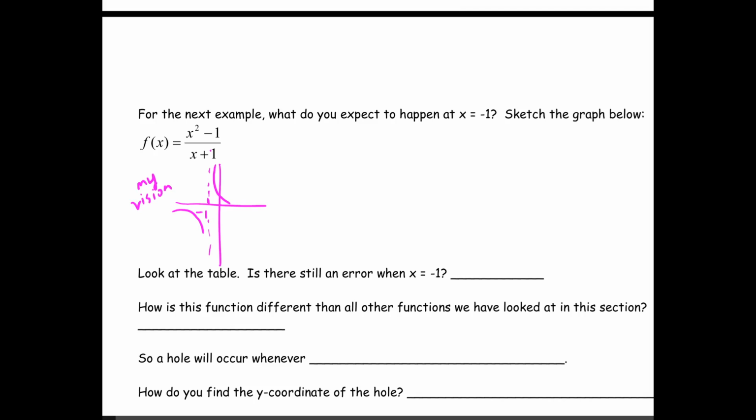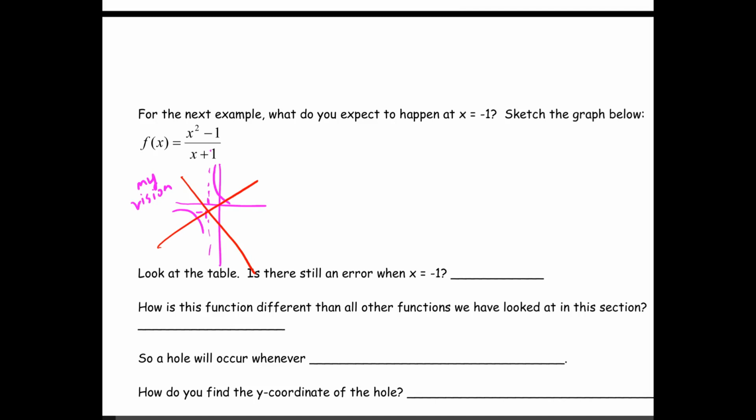So if I go to y equals and I do x squared minus 1 over x plus 1, and I graph it, I find that my vision is very poor.